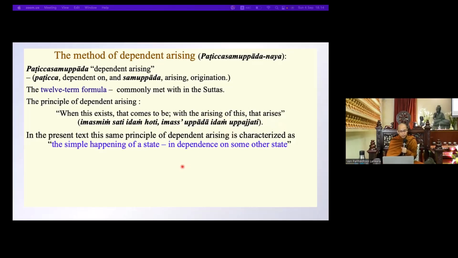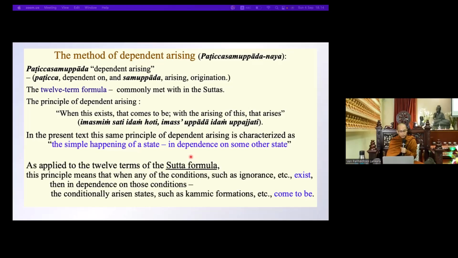Here, in dependent origination, the method of dependent arising is emphasized as a simple state: the conditional state depends on some other condition.